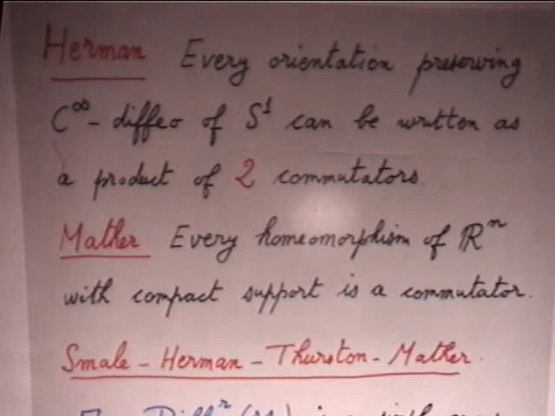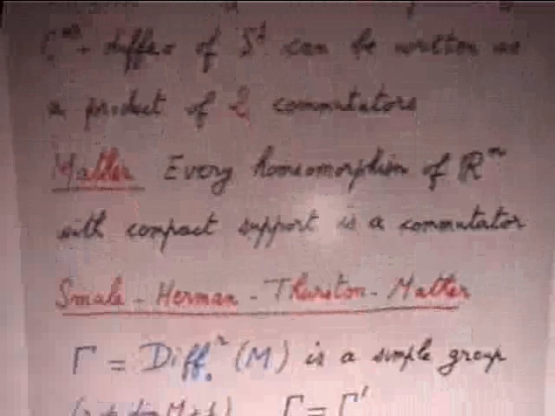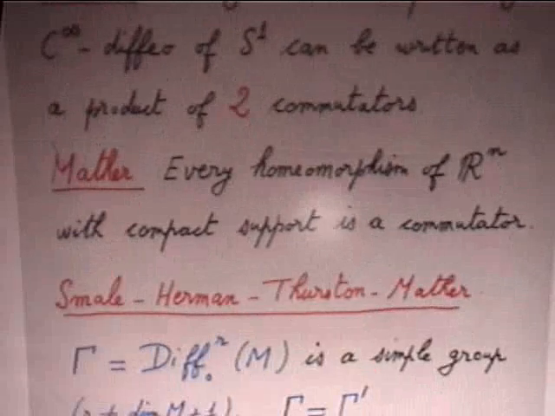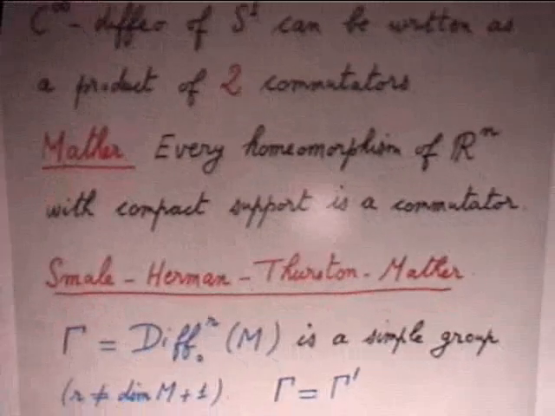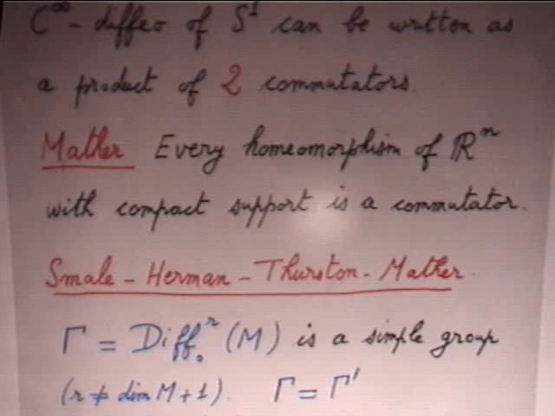And putting all these things together, so I've put here a few names, Smale, Herman, Thurston, Mather. So I think this was conjectured by Smale, maybe, I don't know, is it true or not, I don't know.